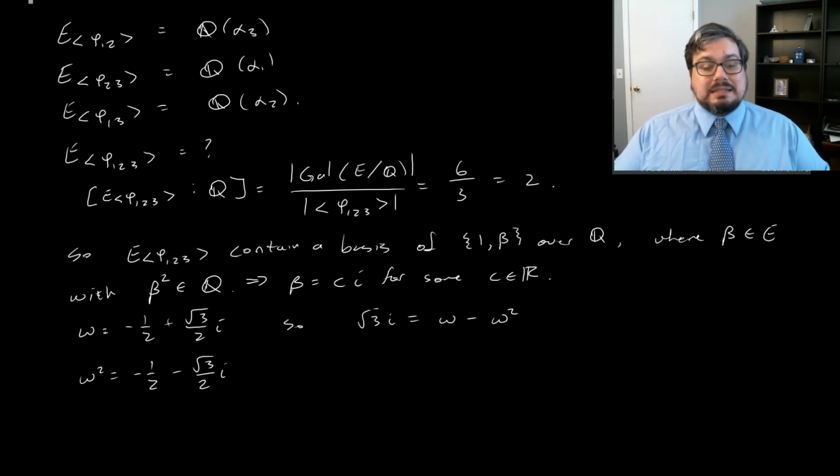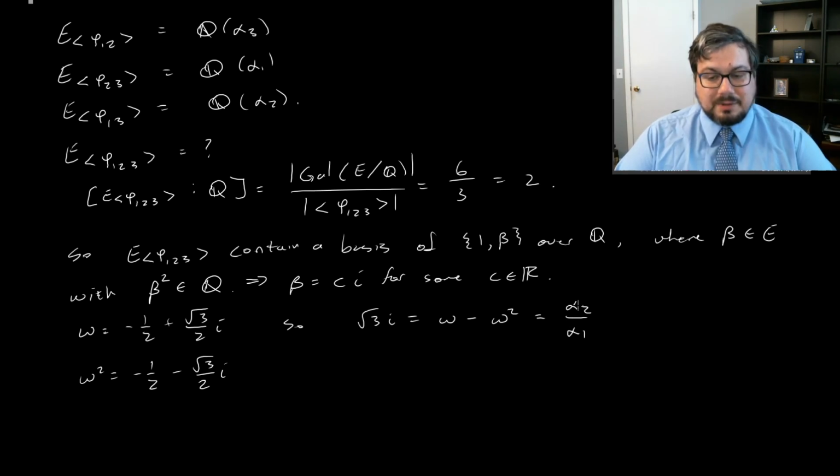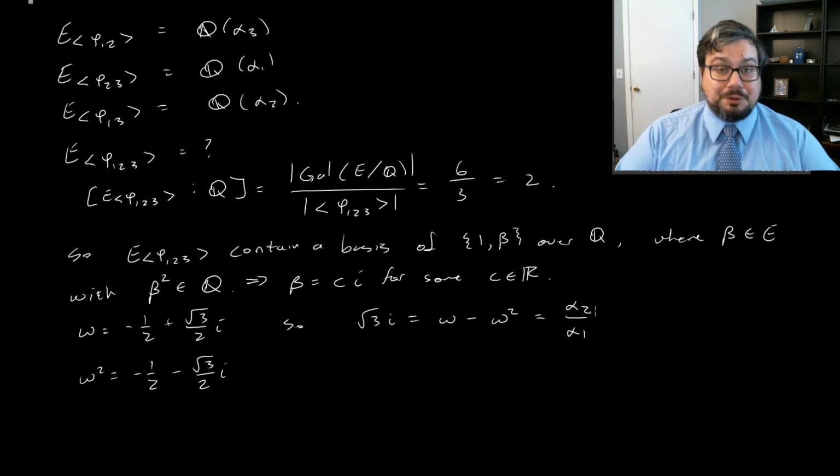Now, omega by itself is not one of alpha 1, alpha 2, or alpha 3, but you can notice that omega is actually equal to alpha 2 over alpha 1, because alpha 1 is just the cube root of 2, alpha 2 is the cube root of 2 times omega, and similarly, omega squared is just alpha 3 over alpha 1.